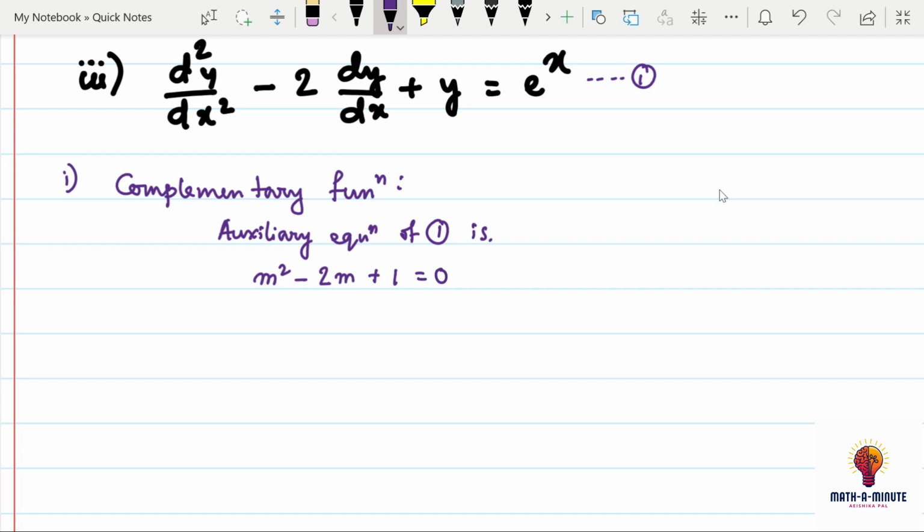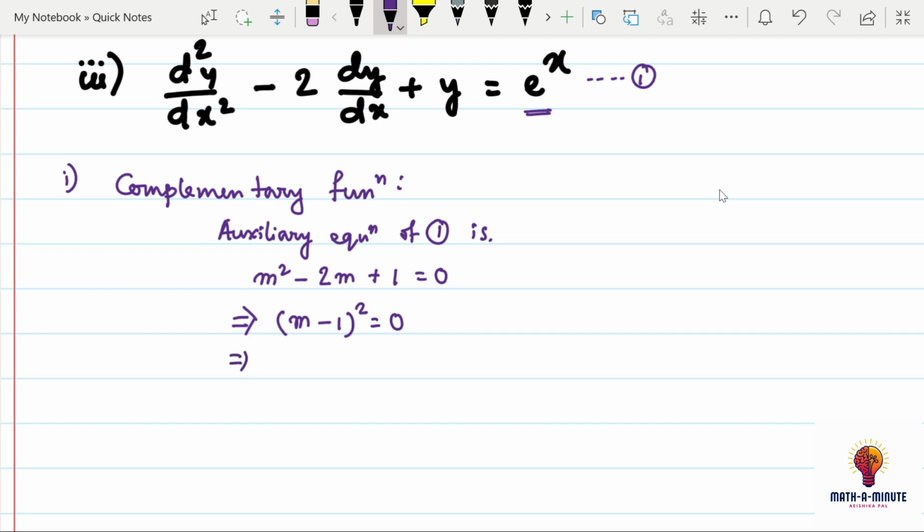Because to calculate the complementary function, we first have to make the given differential equation a homogeneous differential equation. For that, we take the R(x), the right-hand side part, equal to 0. Okay. So this auxiliary equation is (m minus 1) whole squared equals 0.